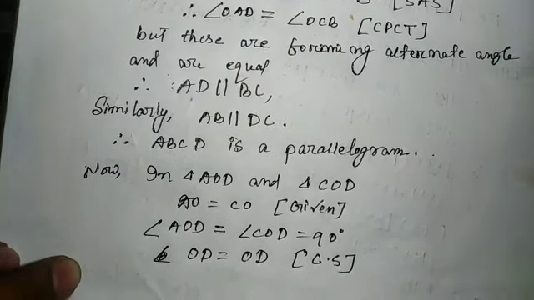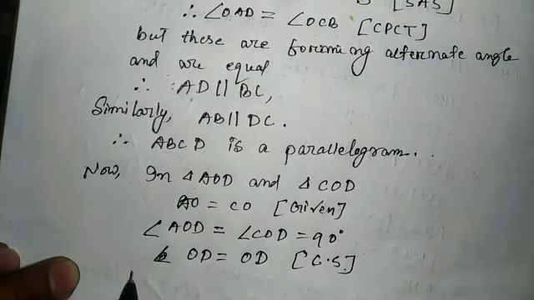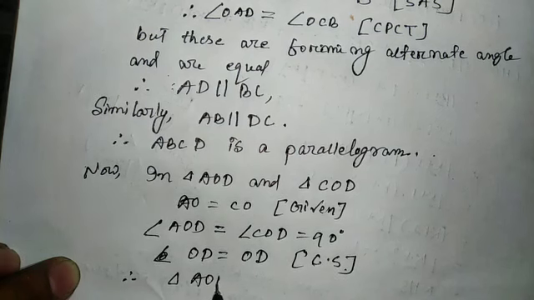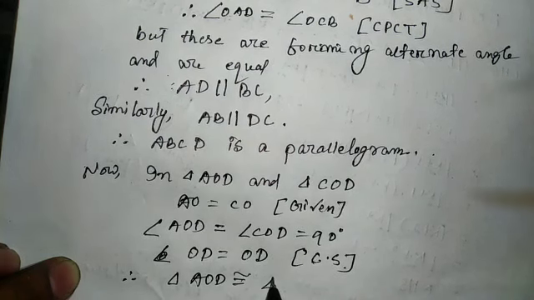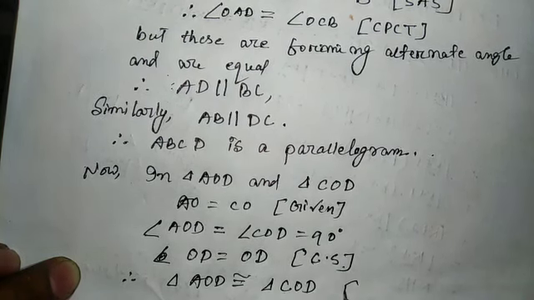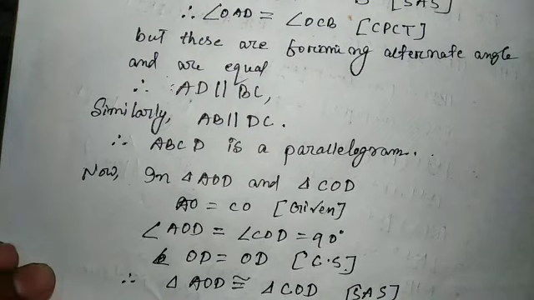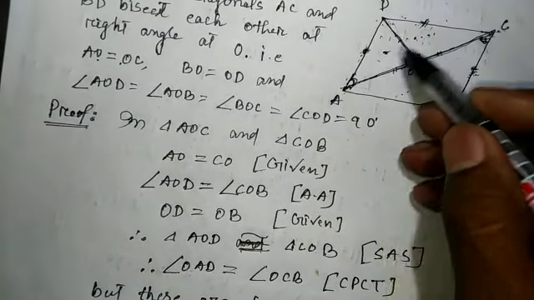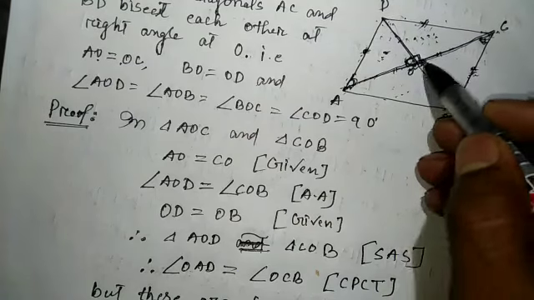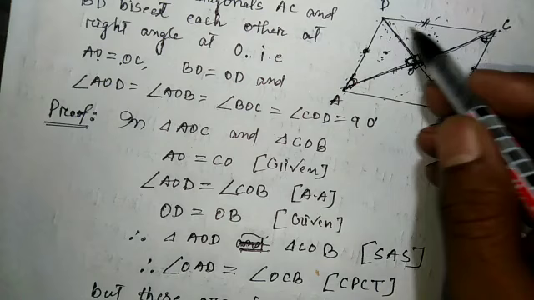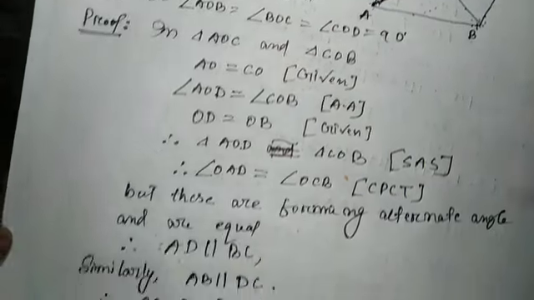We will write it in full form, common side. Therefore triangle AOD is congruent to triangle COD by side angle side. So we can write these two sides are equal, since these two triangles became congruent. Therefore AD is equal to CD.